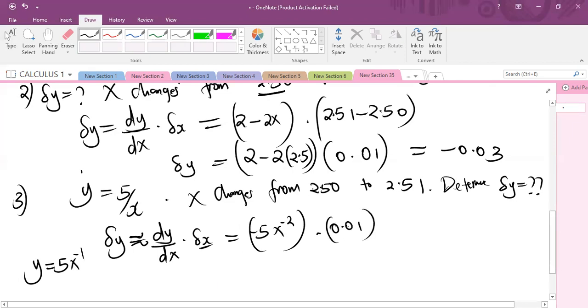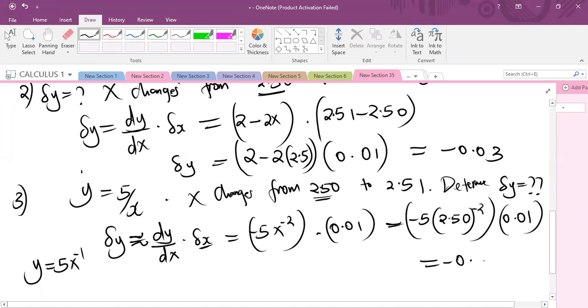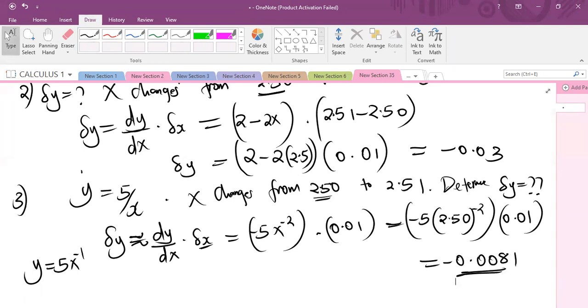What was the original value of x? 2.50. So we have minus 5 into the original value of x, 2.50, raised to power minus 2, and then all this multiplied by 0.01. If you evaluate that, you will get that the small change in y is equal to minus 0.0081. So that's the last application of differentiation.